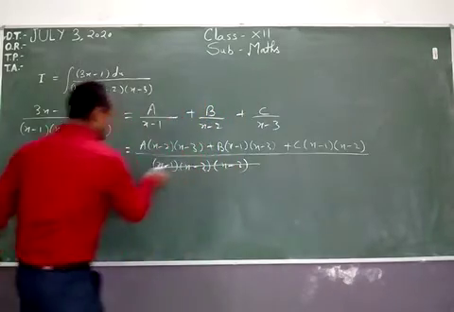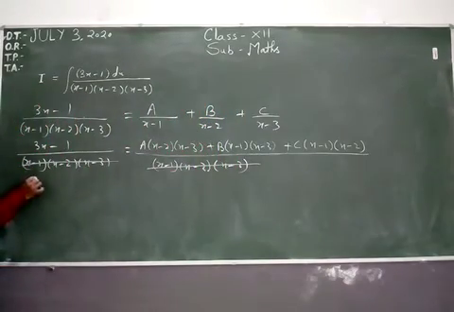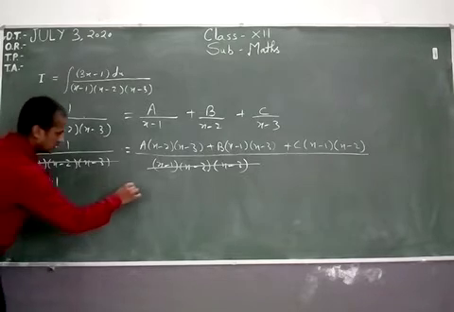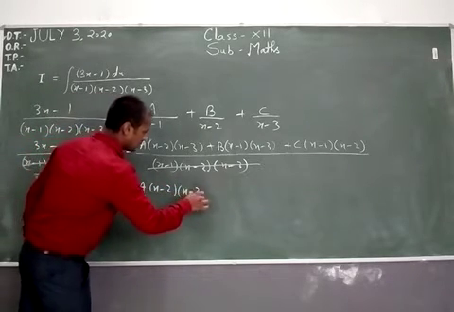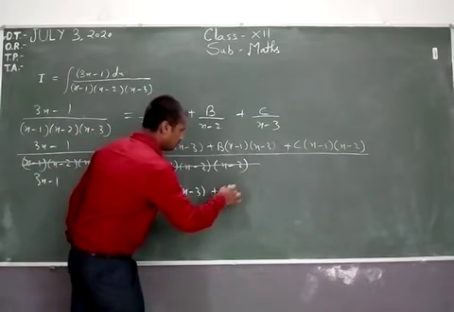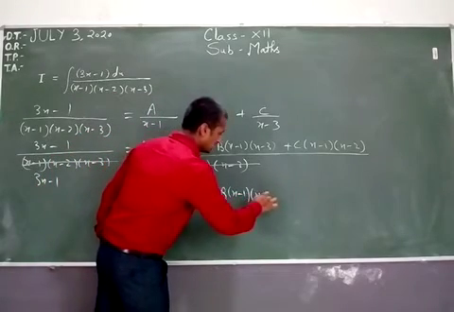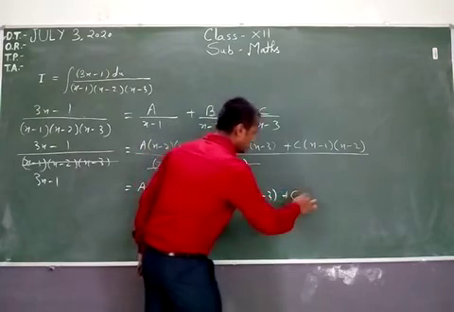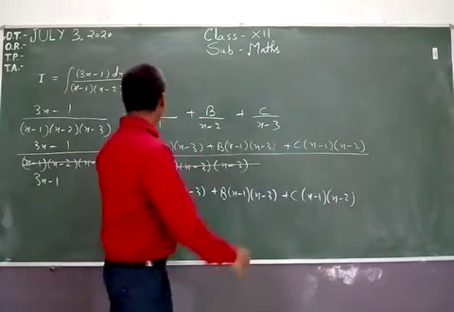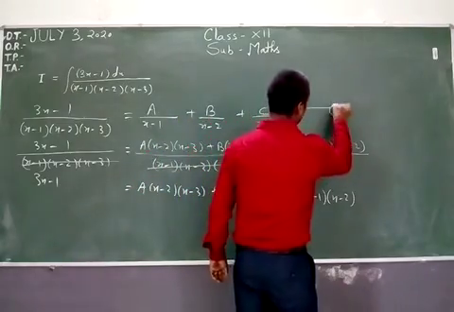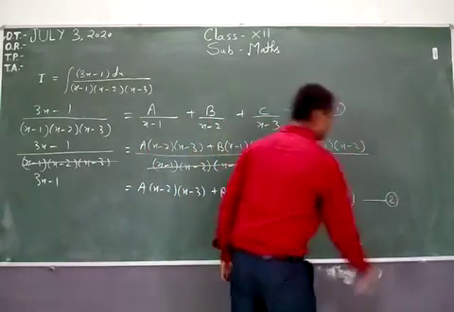Now we have 3x - 1 equal to A(x - 2)(x - 3) plus B(x - 1)(x - 3) plus C(x - 1)(x - 2). We can make this equation 1 and this equation number 2.